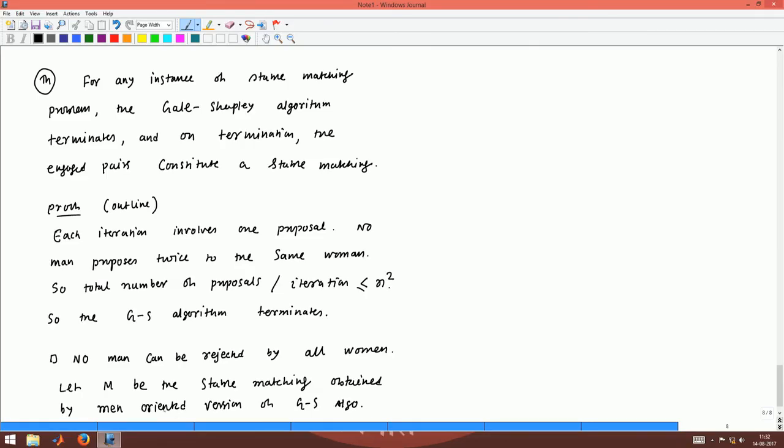This is the one we talked about, the man oriented one, because we start with the man proposing to the woman. So, this is called the man oriented version of the GS algorithm.